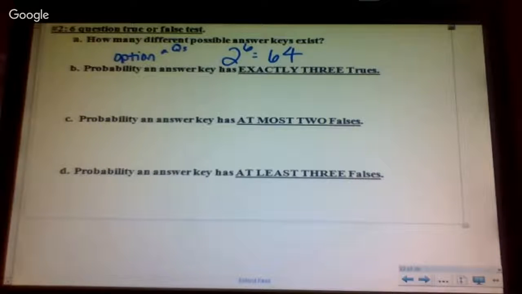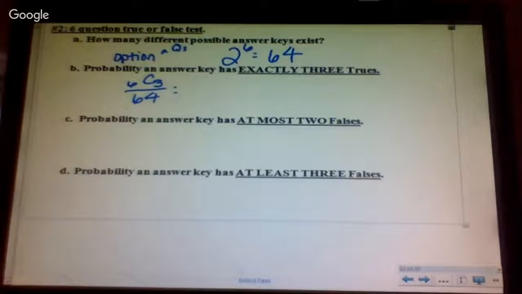Okay, I want exactly 3 truths. How do I write that? Always the total first: total questions, 6, C, how many exact do I want, 3, divided by 64.